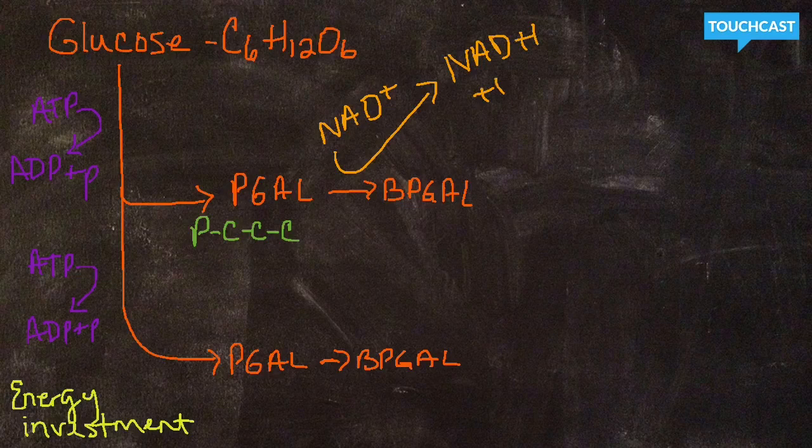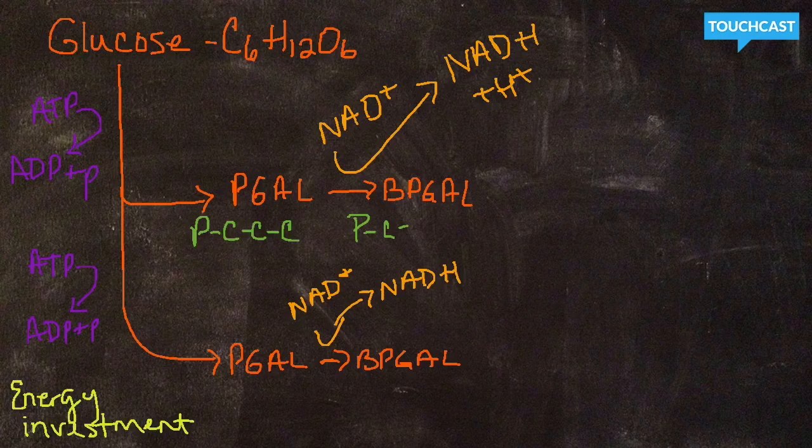And technically you also have a plus H plus here, and that's going to be used later as well. But the whole key is that you end up with NAD plus, and we're going to get our NADH. All right, so BPGAL is 2 phosphates with 3 carbons here.